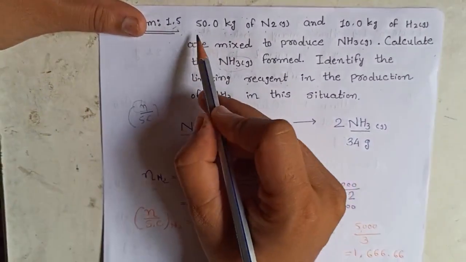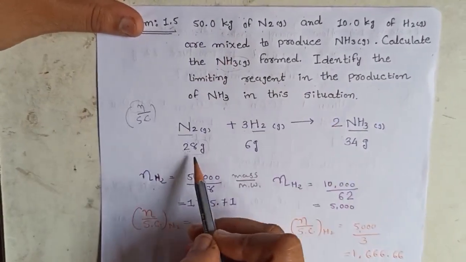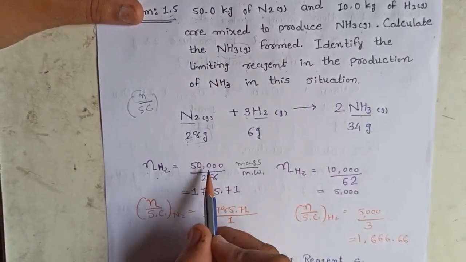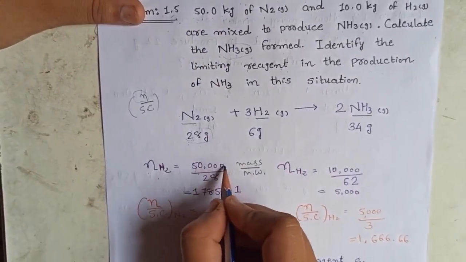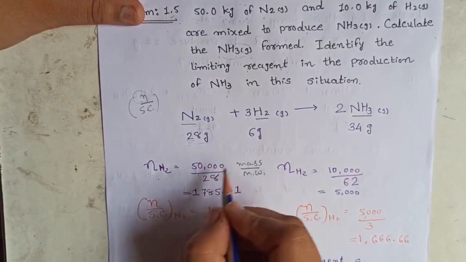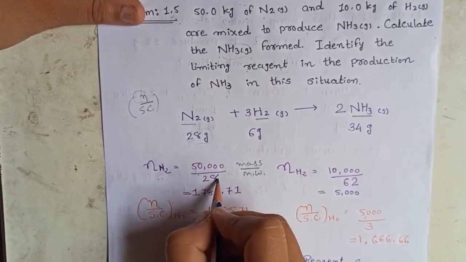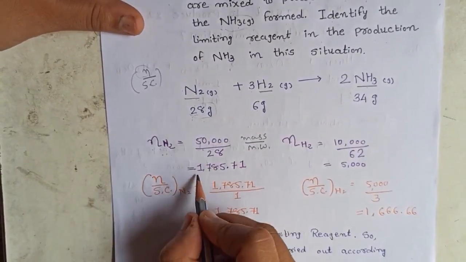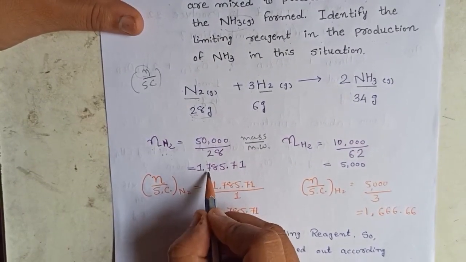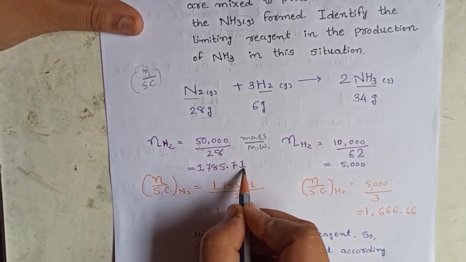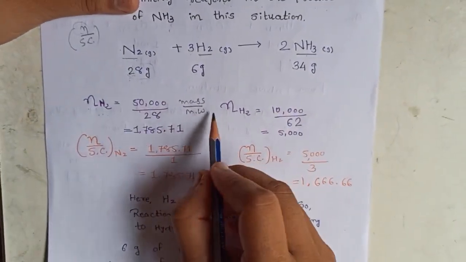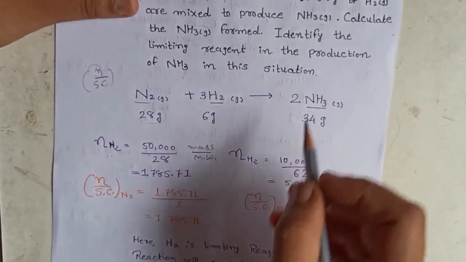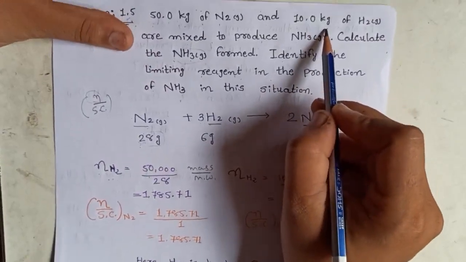So, we have to convert that kg into gram. So, 50 kg of nitrogen means 50,000 gram of nitrogen is the given mass, and 28 is the molecular mass. So, you will get the moles of nitrogen as 1785.71, right?